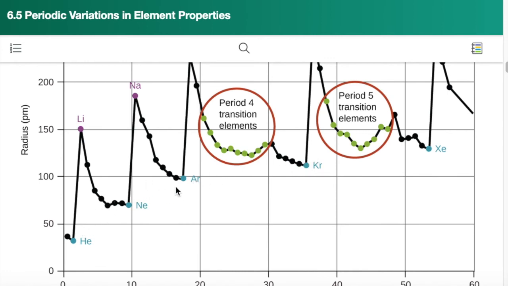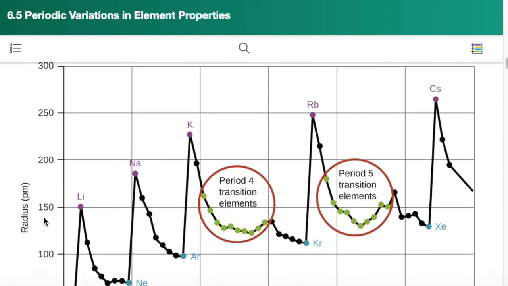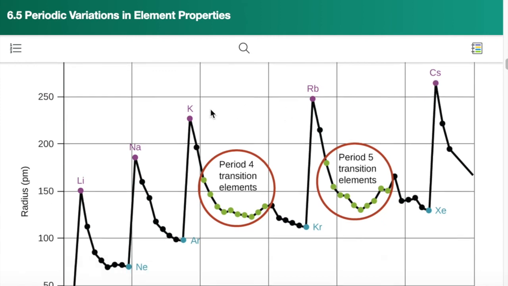Going down the periodic table, you do see this definite increase in size. The next noble gas is larger in size than the one above it. The same thing happens with group 1, the alkali metals. Lithium, then sodium is bigger than lithium, potassium is bigger than sodium, and so on. Going down that column, you get a larger and larger size.